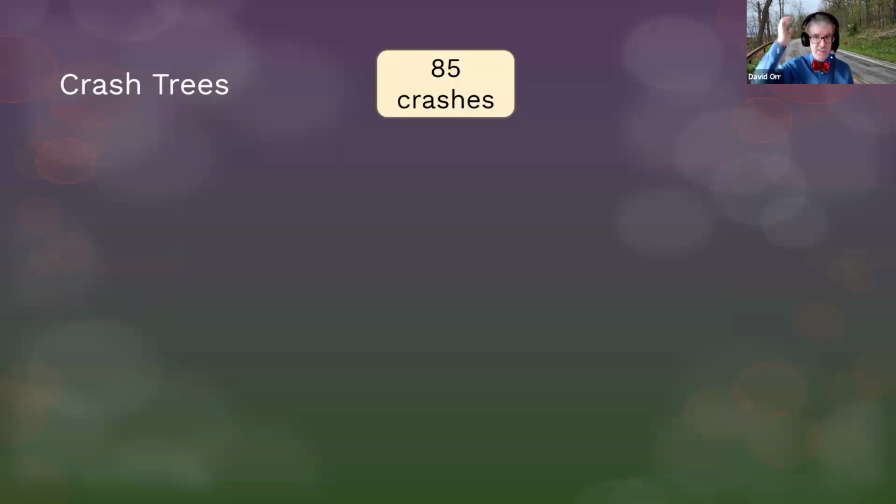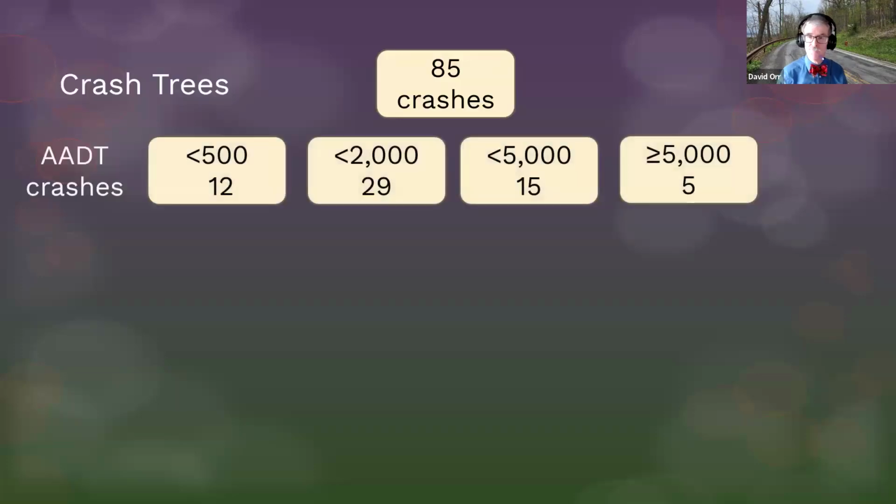This is St. Lawrence County. We did one for St. Lawrence County, and we looked at the crashes that occurred over a 5-year period in rural roads just to get ourselves a subset. Okay? 85 crashes. You broke it down by traffic volume, AADT, average annual daily traffic.